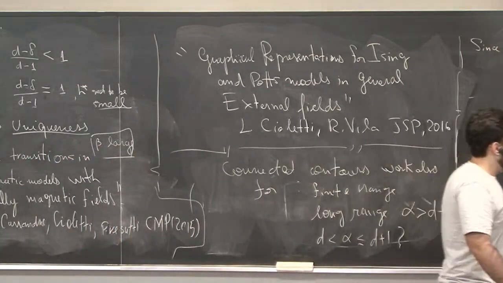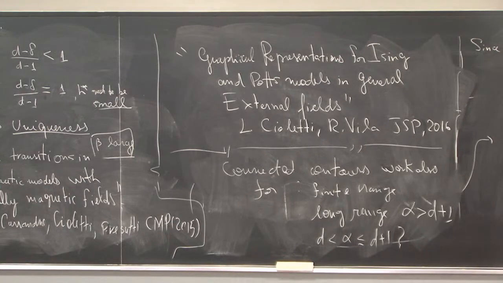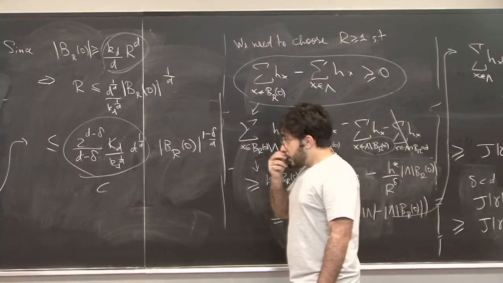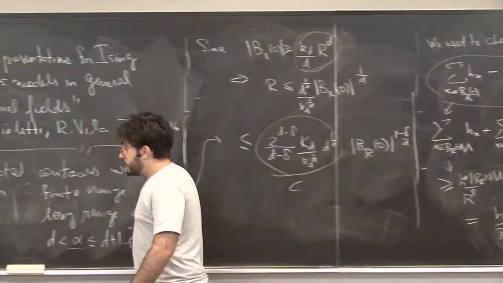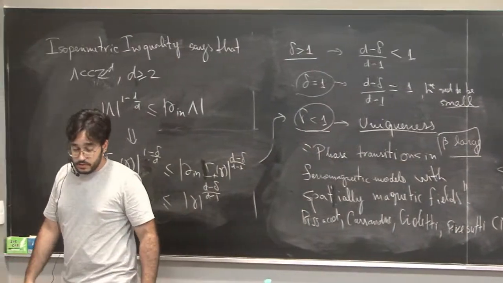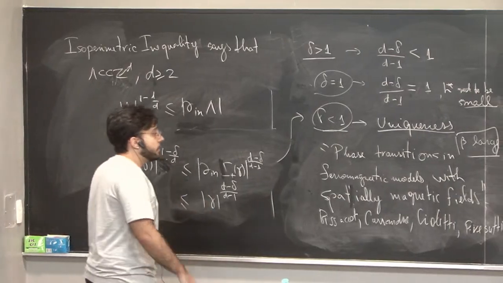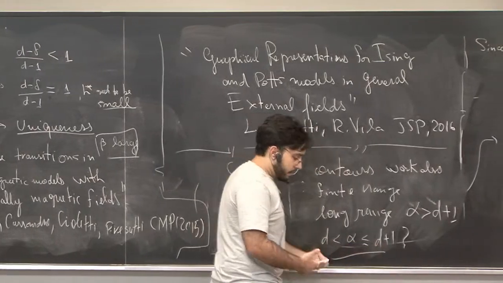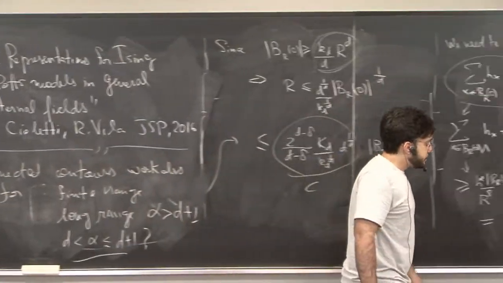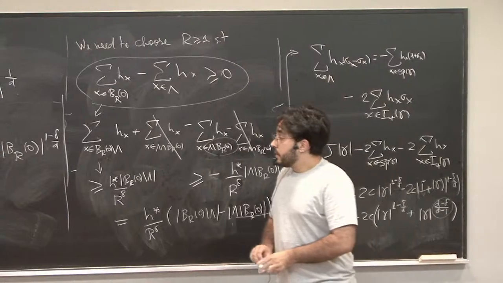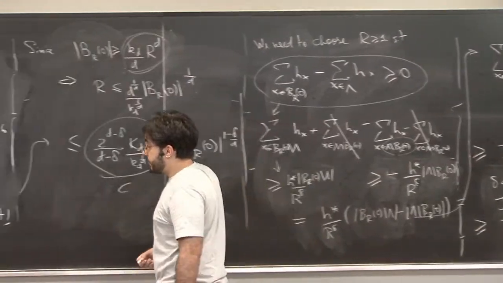If you have a zero field, you reestablish the spin flip symmetry that you lost with the decaying field. And then you can use the GKS inequality to show that every time the short range model, the nearest neighbor Ising model, has a phase transition, then the long range will have phase transition in this region right here. But it is an argument that's kind of indirect because it uses correlation inequalities and does not use a Peierls argument.